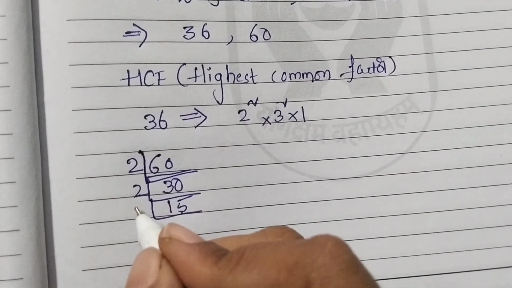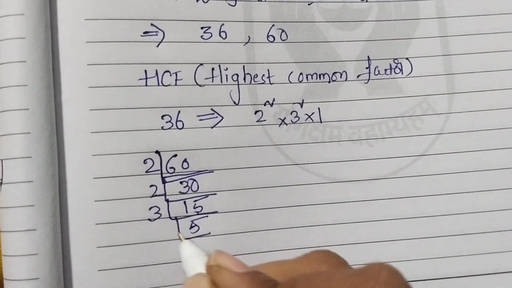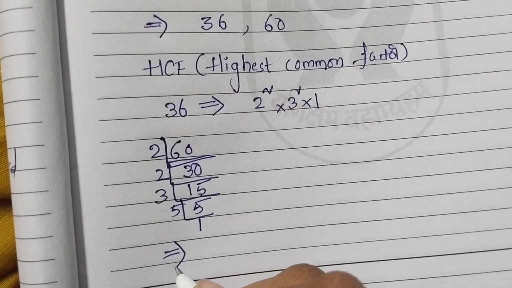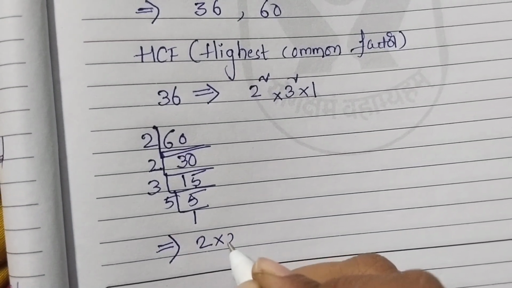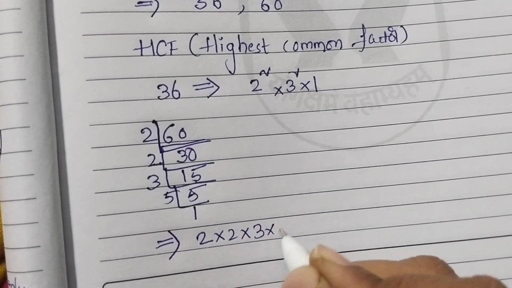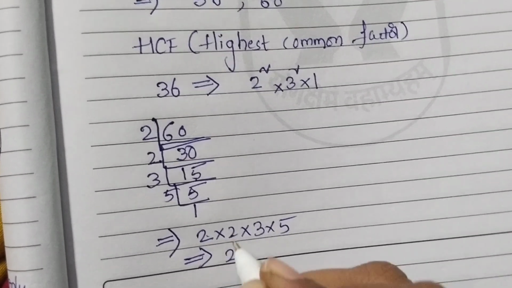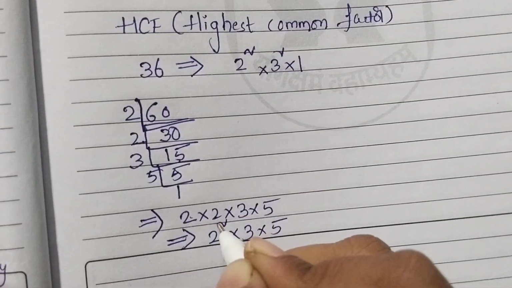Our next prime number is 3. 3 5s are 15, 5 1s are 5. See, if we write in the form of powers, 2 into 2 into 3 into 5, right? 2 into 2, 2 square into 3 into 5, right?